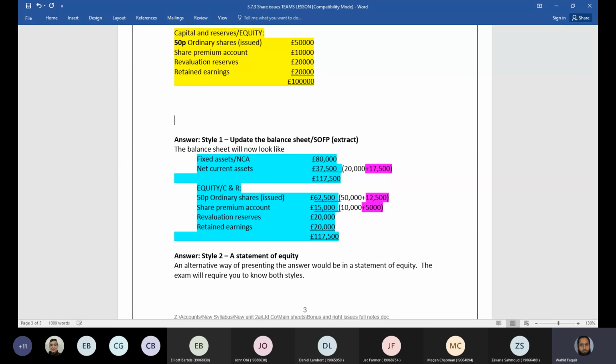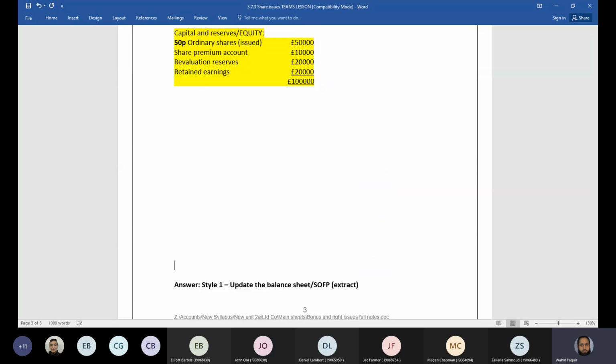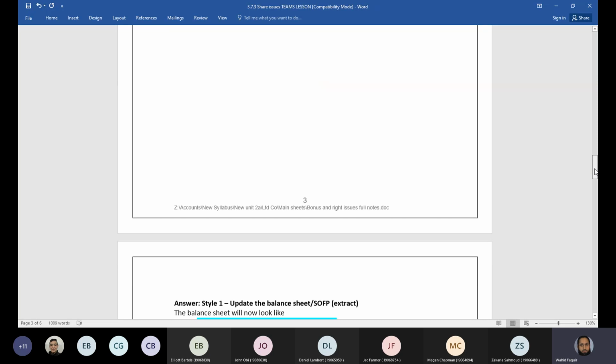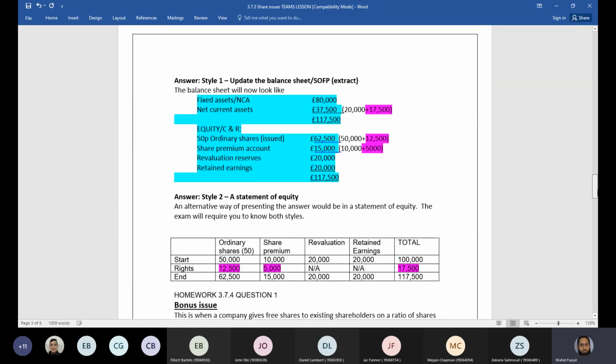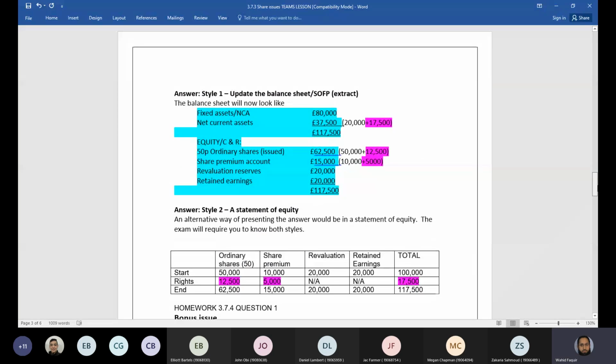Right, now, very quickly then, let's just look at the bottom half of the statement of financial position and let's marry it up to the statement of changes in equity, the Socie table. Starting positions, first line, any changes, the following lines, that's a rights issue.